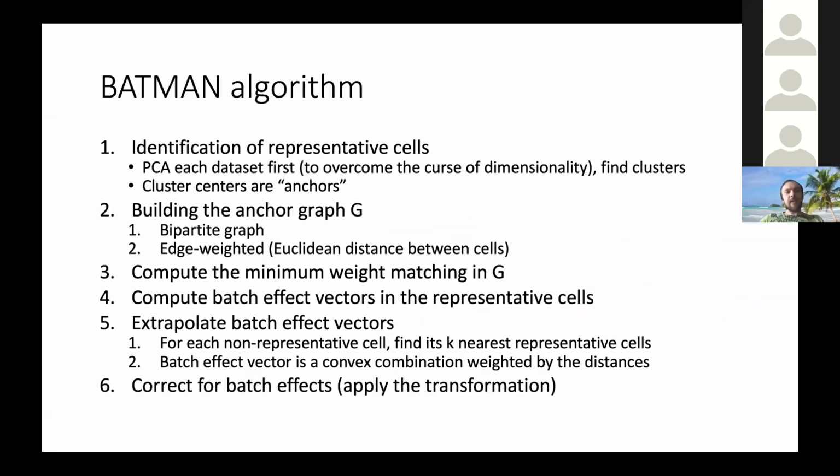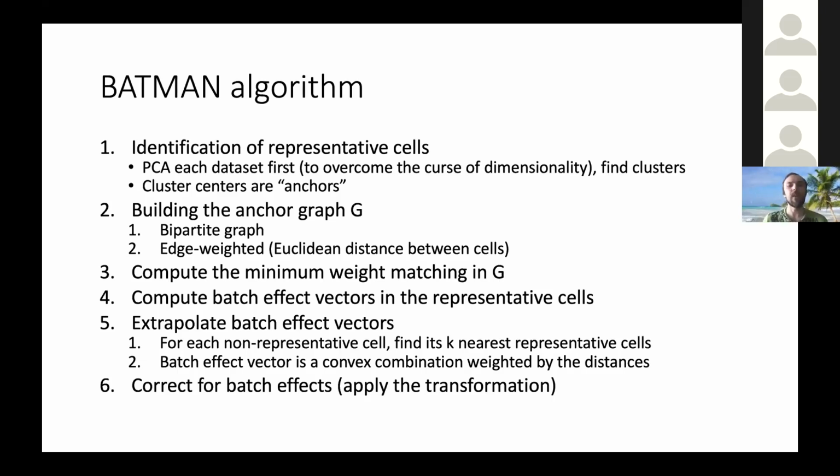So now the approach, the algorithm that I'm presenting, is based on the following steps. First, we have to identify the representative cells, since we cannot assume that each of the data sets consists of the same number of cells. So what we do in this case is set the number of representative cells that we want to match. Let's say, by default, I'm using 100 cells.